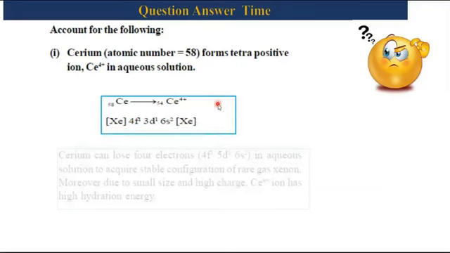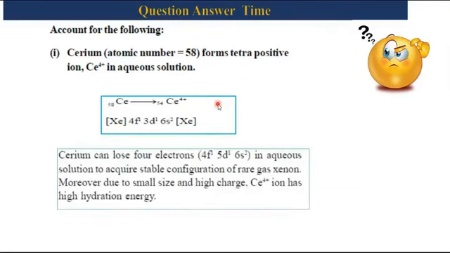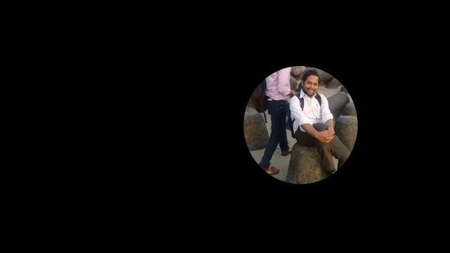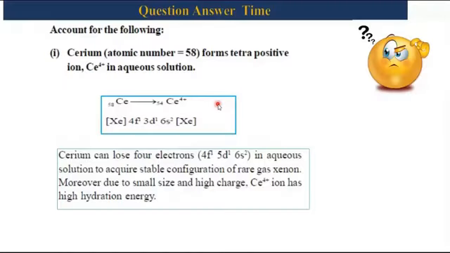That's why in aqueous solution, the stable configuration of the rare gas xenon exists. अब याद ये रखिएगा, साइज स्मॉलर है और चार्ज ज्यादा है, राइट? सो दैट इज कॉल्ड phi. Phi is equal to charge upon radius ratio. So whenever this phi value is more, always remember their hydration energy will also be more, and more stabilization will exist. That's why the +4 oxidation state of cerium is obtained in aqueous solutions.